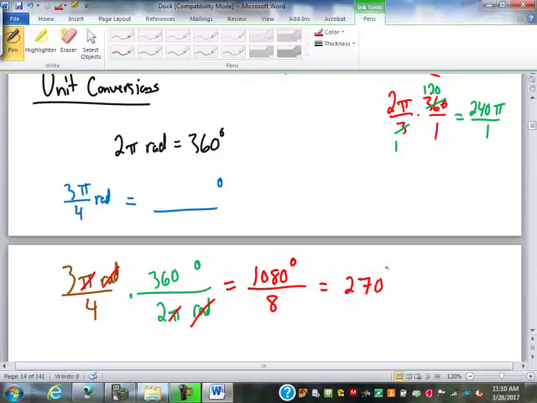Is that 270 degrees? Is that right? No, I got 135. That's what I thought. I was going to say, something doesn't look right there. That's 125 plus 10. 135 degrees. There we go. I was doubling up on you. 135 degrees.